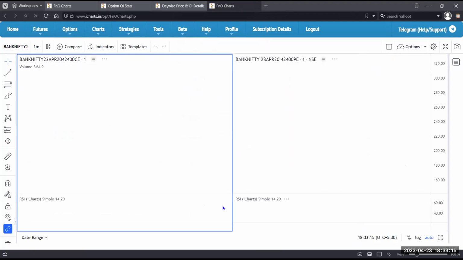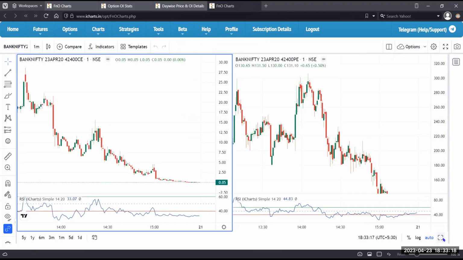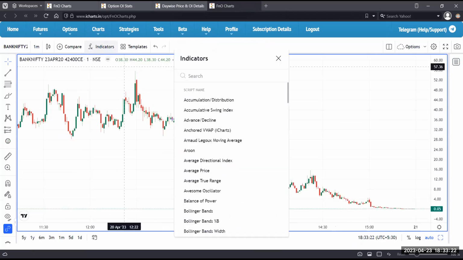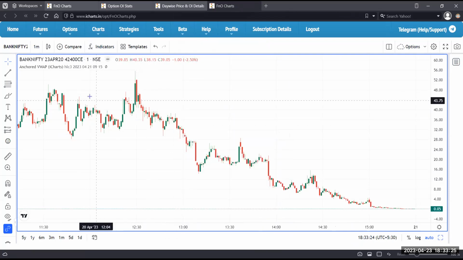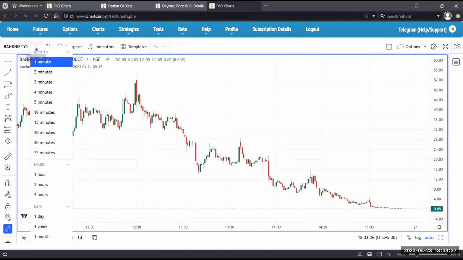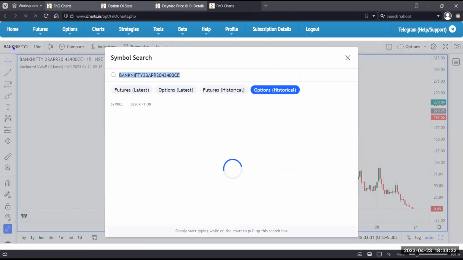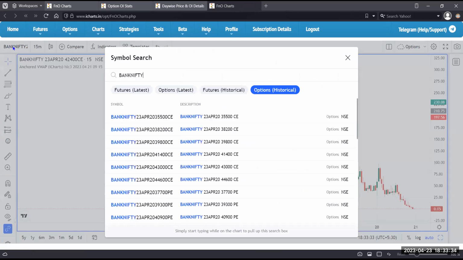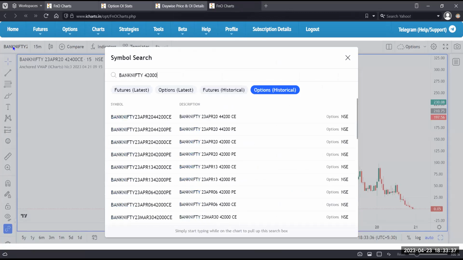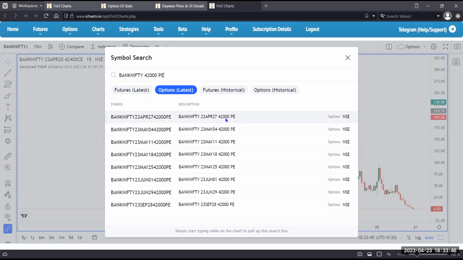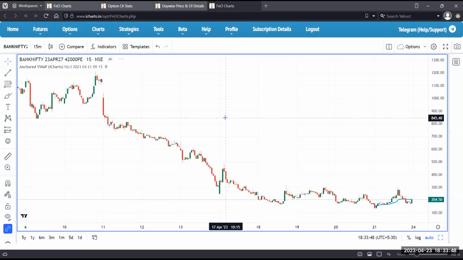If you apply AVWAP on any chart, instead of choosing a specific date, let's say you pick the 43,000 or 42,000 P for the April series and see how it moved.